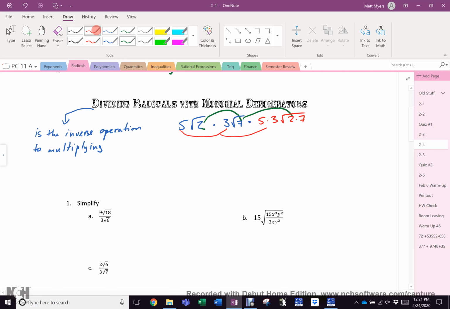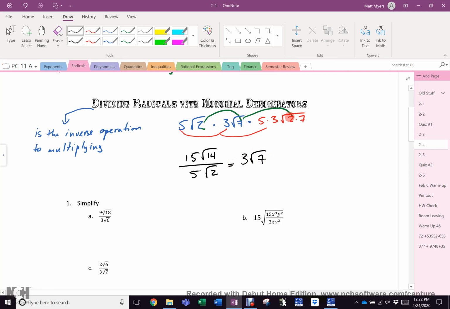Logically then, what would 15 root 14 divided by 5 root 2 be? 3 root 7. Because that times that got me that. So if I reverse it, I get the same thing, yes?